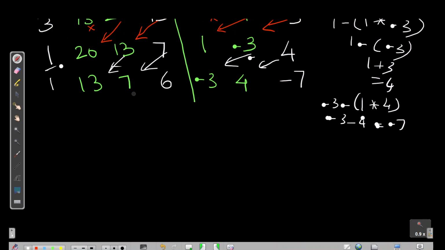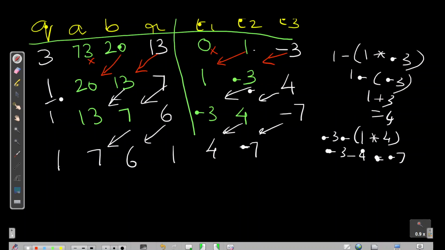Now progress to the next step. Shifting, 7 comes here, 6 comes here, 4, minus 7. Now 7 divided by 6 is 1, quotient 1, remainder is 1. Again you repeat this step. What is the value of T3? T1 minus Q into T2.